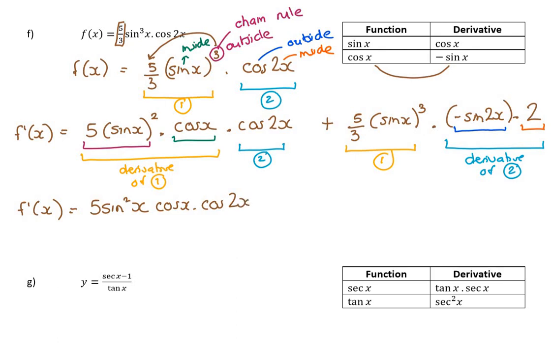We don't bother changing the cos 2x to something involving x because it'll get even messier. Now I've got a minus here, I've got a 2 and a 5 over 3, so it's minus 10 over 3 sine cubed x times sine 2x. And again, we don't bother changing the sine 2x, it just gets messier. So, sure, quite a question, lots to keep track of.